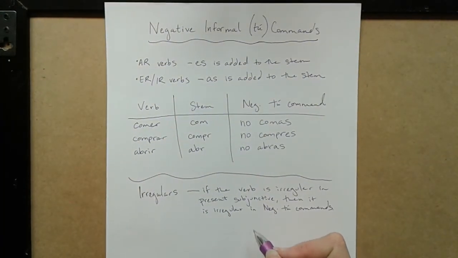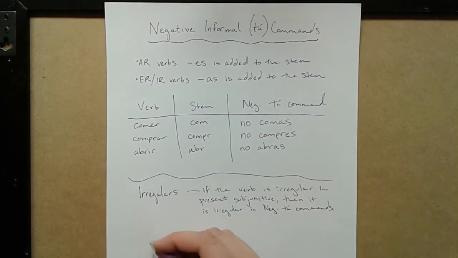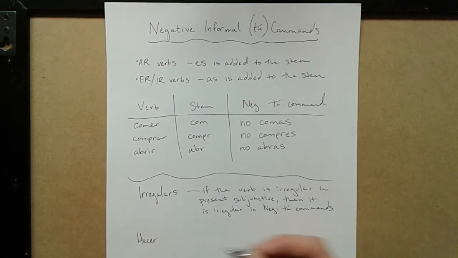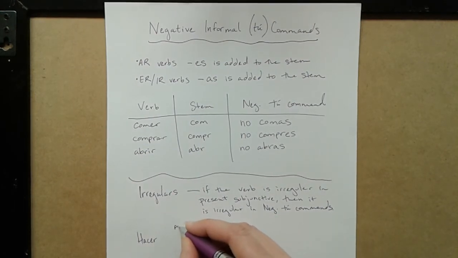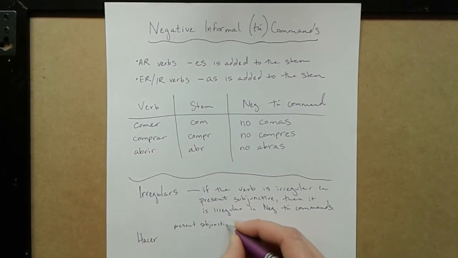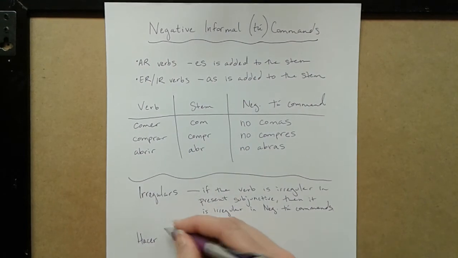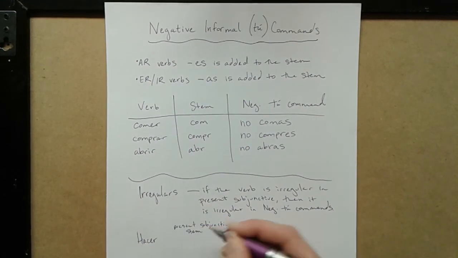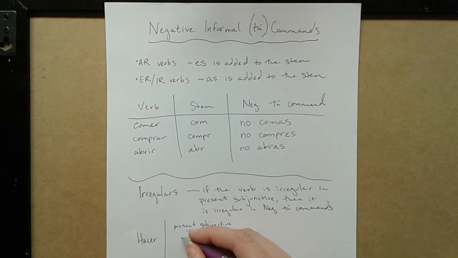So, for example, hacer is a verb that's irregular in present subjunctive. You'll have the stem looking a little different.